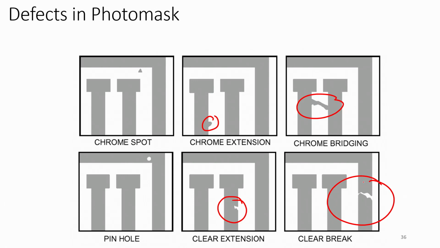If there is a break, let us say if I make this pattern, and if there is a break here, then it is not correct. The design itself will give us a different value if there is a break in the mask. So, these are a few defects that you need to understand and observe whenever you start working with a photomask.